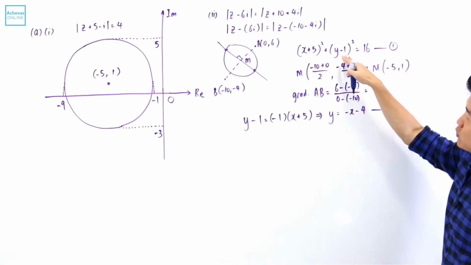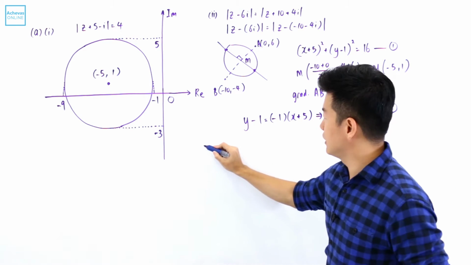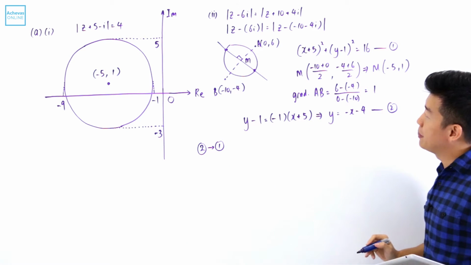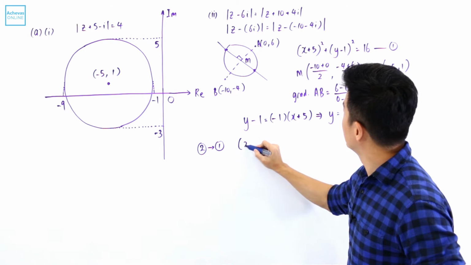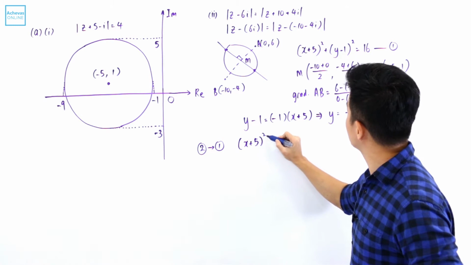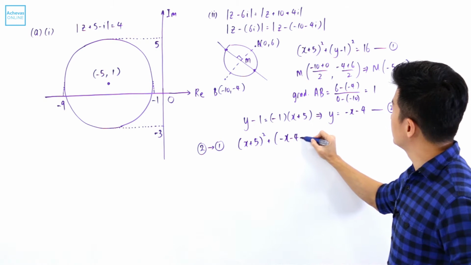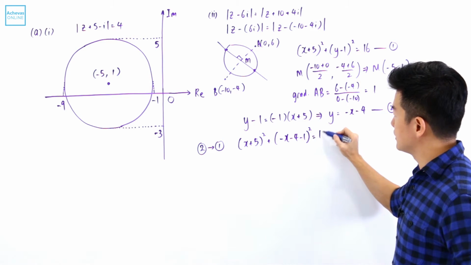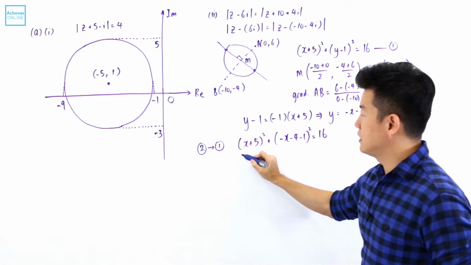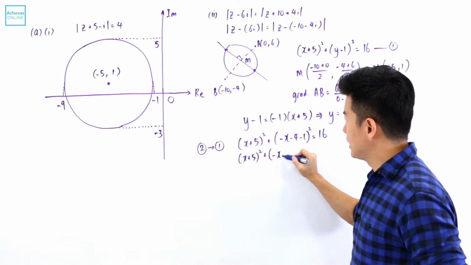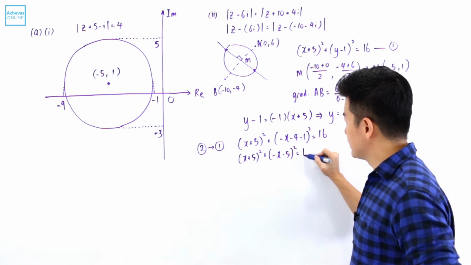I'm going to sub this into here. So plugging equation number 2 into equation number 1, what I'll have is x plus 5 squared plus y, which is minus x minus 4, then minus 1 squared, is equal to 16. This is x plus 5 squared plus minus x minus 5 squared is equal to 16.